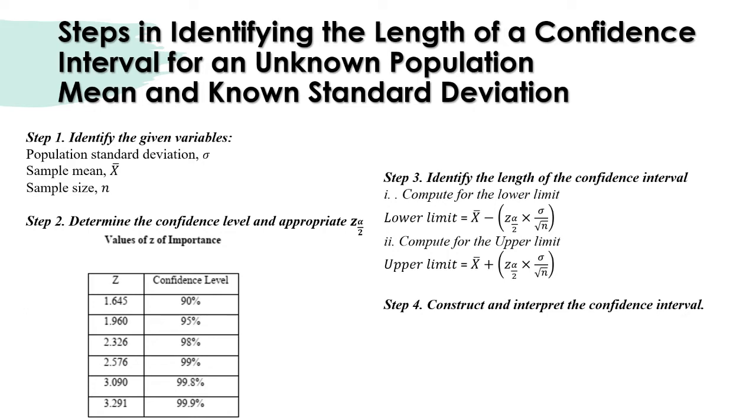Number 2, compute for the upper limit. The formula for the upper limit is equal to x bar plus quantity of z sub alpha half multiplied to sigma divided by the square root of n. And then step 4 is construct and interpret the confidence interval.